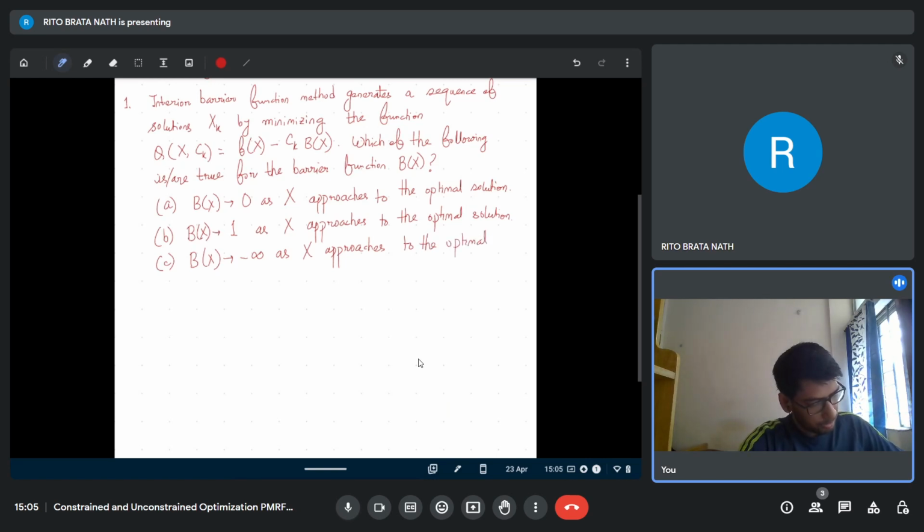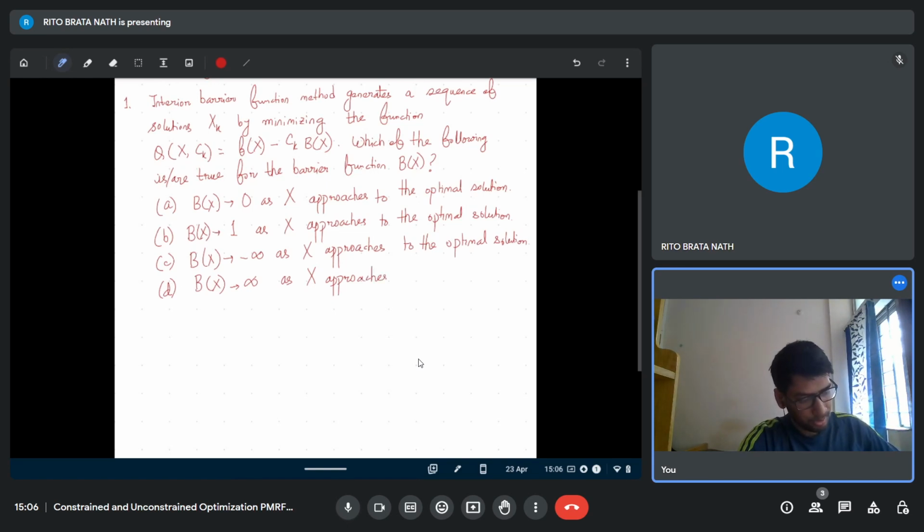If you remember, this barrier function is typically a log function or a reciprocal function, 1 by something. If that something is converging to 0, then the reciprocal barrier function should converge to infinity. That is the option given in option D. This is self-explanatory and was discussed in the class, but that's the logic you can use.